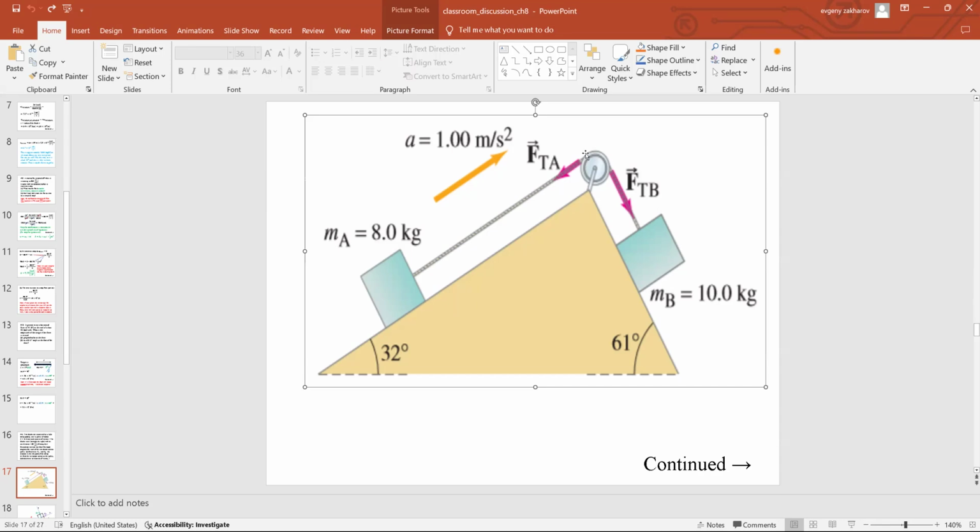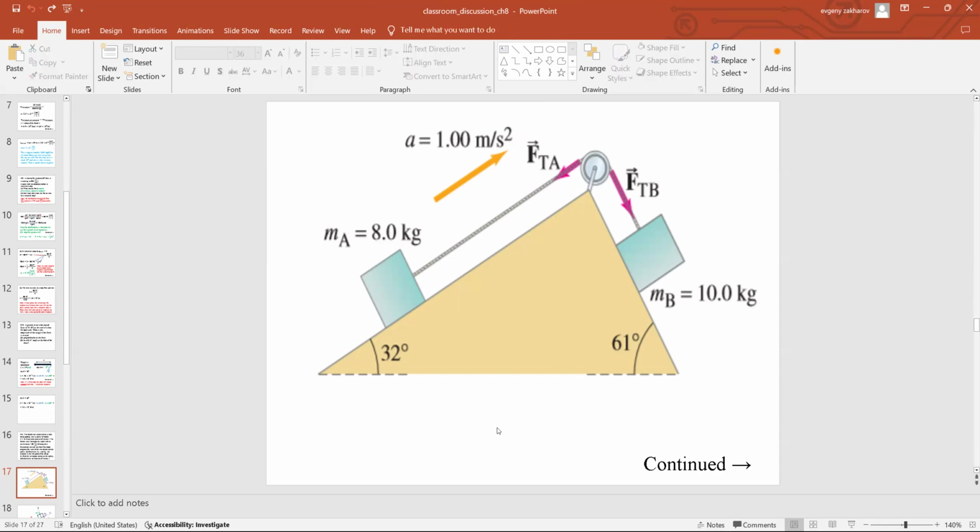Now we say, hey, pulley is actually rotating, right? You have blocks moving and pulley is going to rotate. So we have to consider rotational motion for the pulley as well. That is the big difference between the previous inclined planes versus what we have now with rotation. So two types of motion. You have linear motion for the first block, linear motion for the second block, and rotational motion for the pulley.